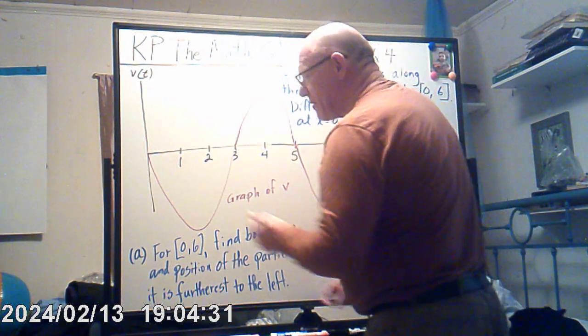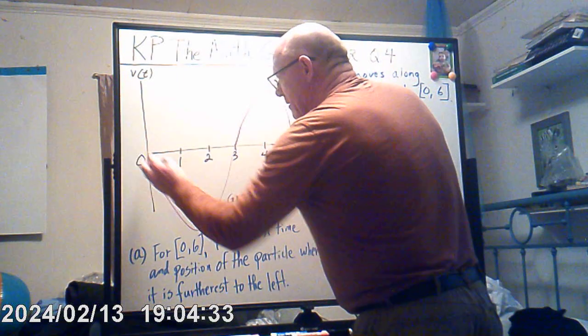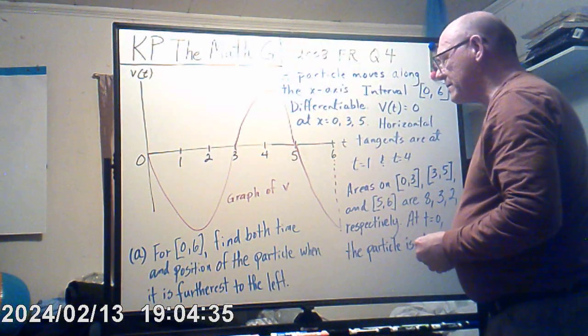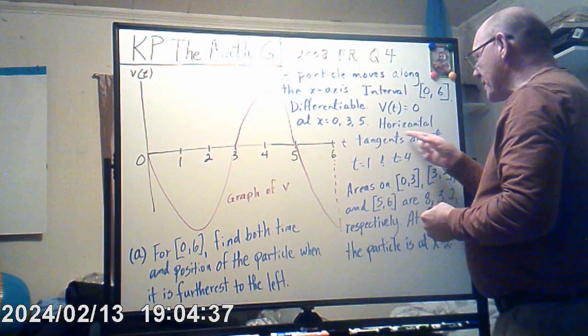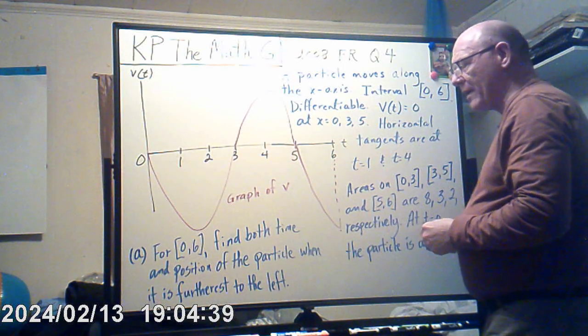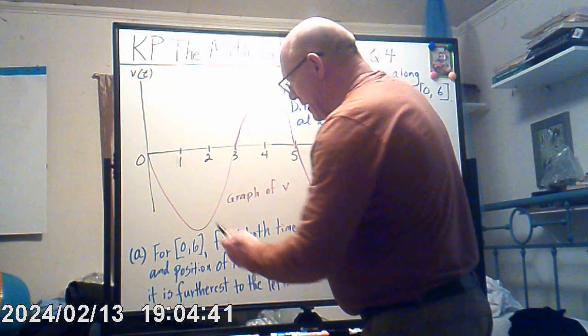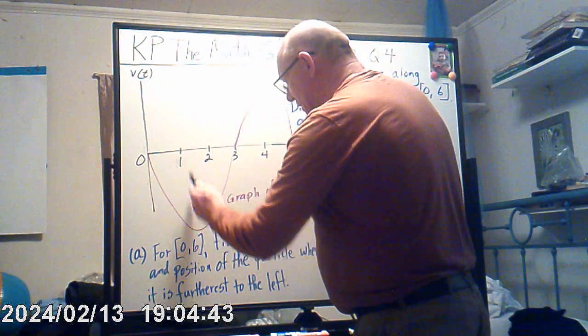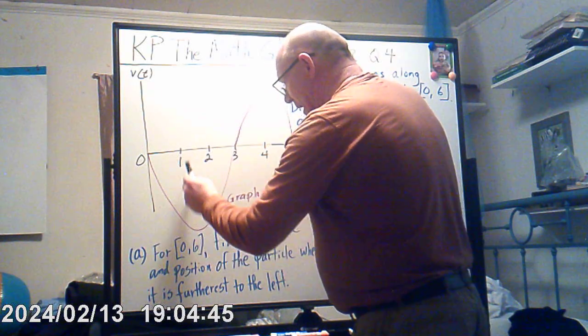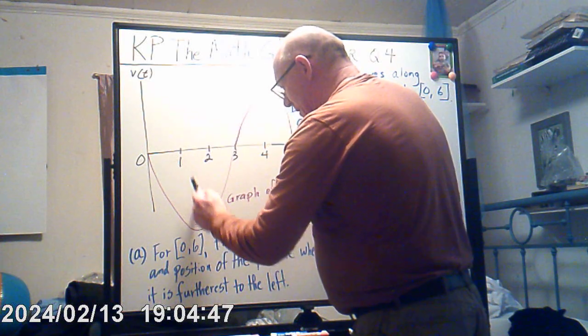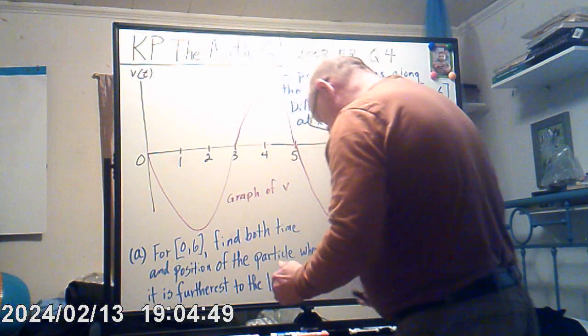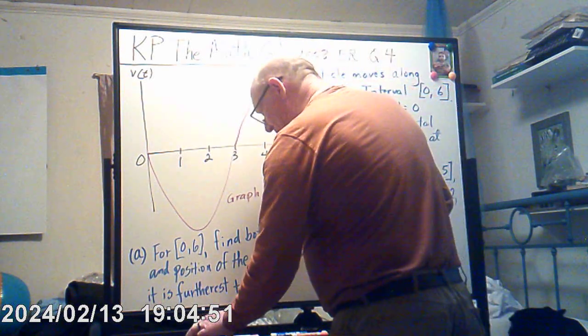Let me put my 0 up here. Right there, we have horizontal tangents. I know this is not drawn to scale, and it should have been. I should have moved this over a little bit at t equals 1. I could fix that just a little bit.